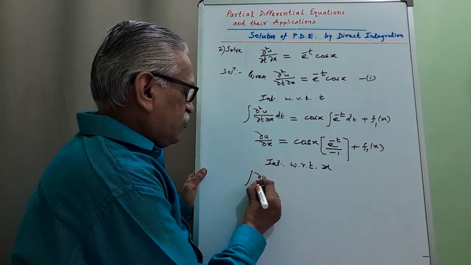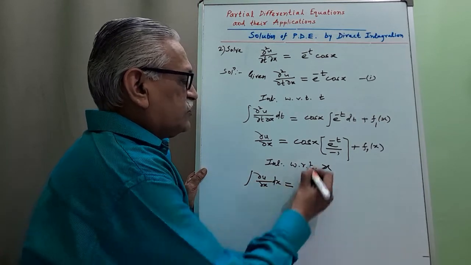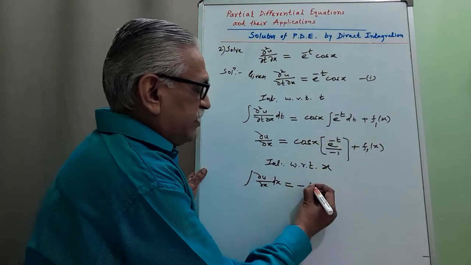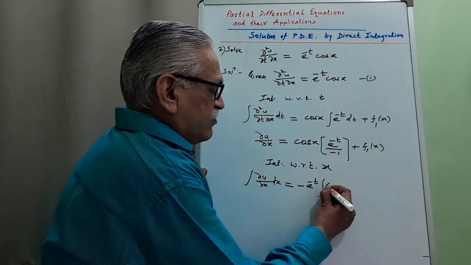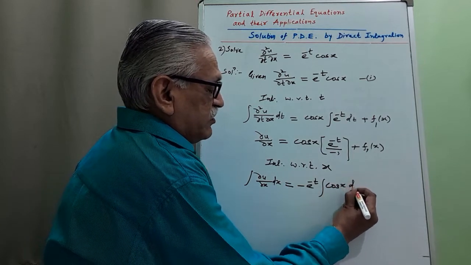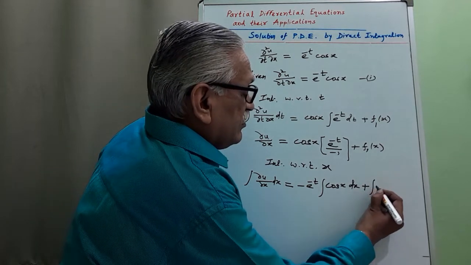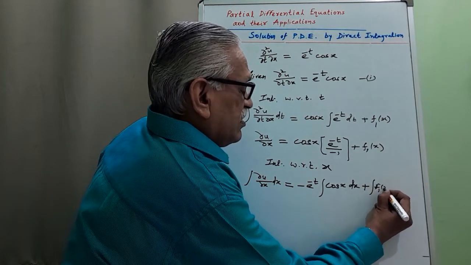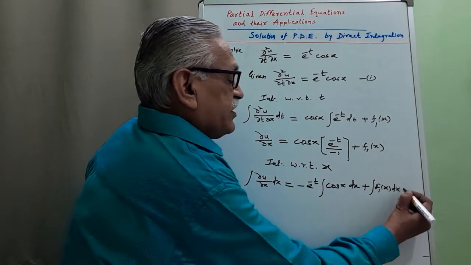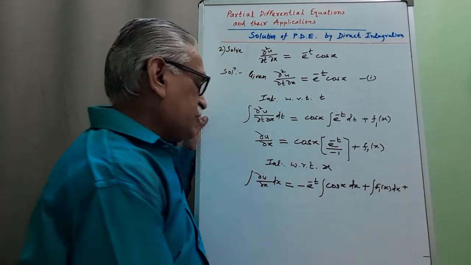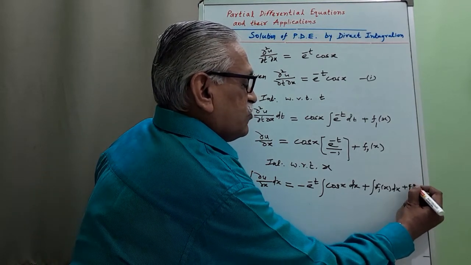Therefore integration of ∂u/∂x with respect to x equals, here minus e^(-t) is a constant term, I can take outside, integration of cos x with respect to x, plus integration of f1(x), and plus constant of integration with respect to x, the constant is t, therefore it is f2(t).